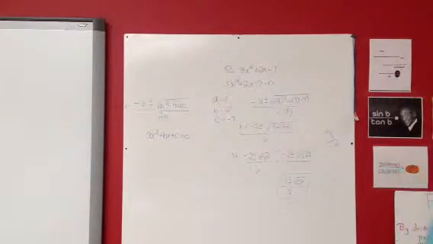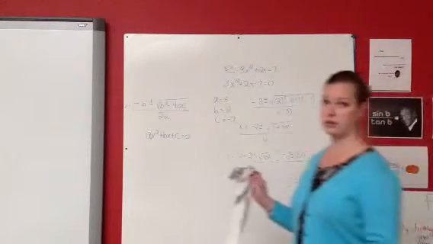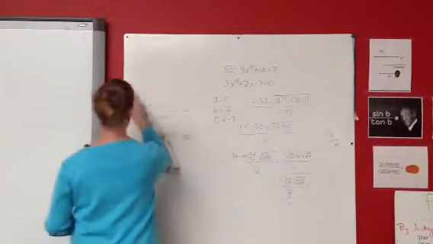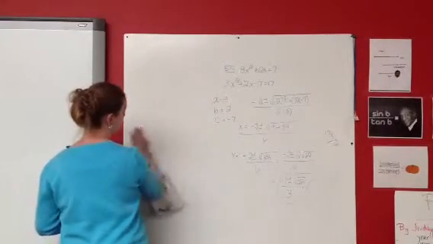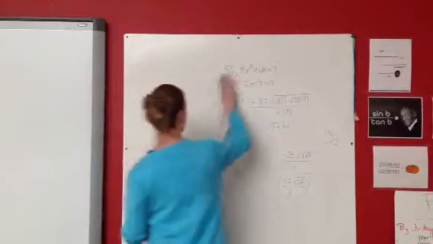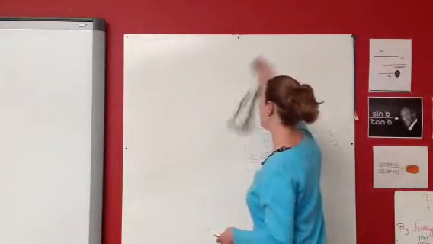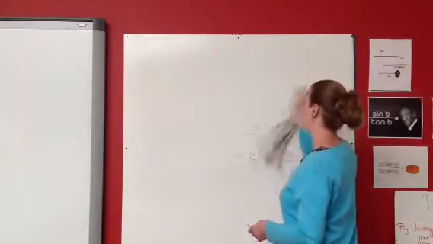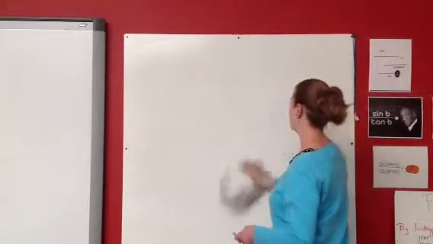All right, now within the quadratic formula, we have something called the discriminant. And the discriminant tells you how many real solutions you have to a quadratic equation before you even solve it.